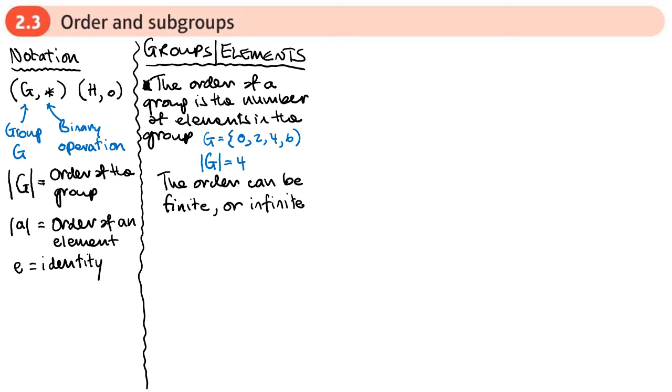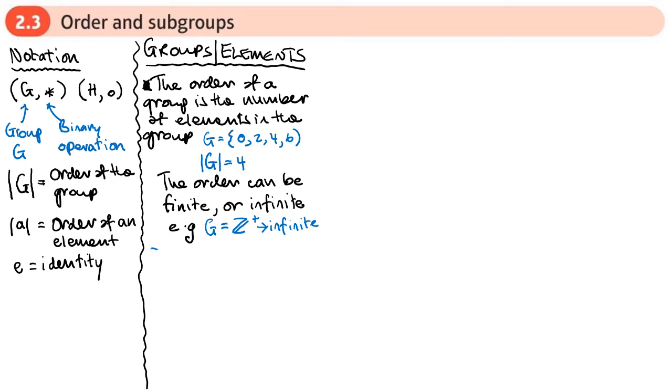So e.g., if my group was defined as the set of positive integers, that's an example of an infinite group. Or maybe a set that was defined as the positive multiples of 7 or the negative multiples of 7. These would be examples of infinite groups that would have an infinite order.